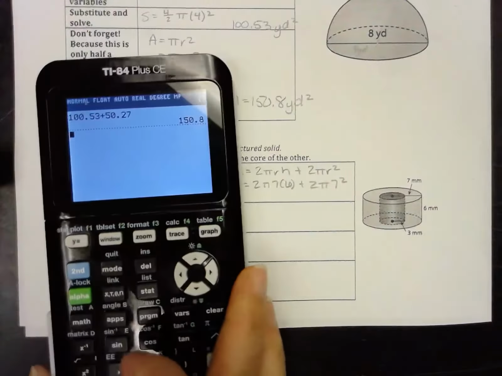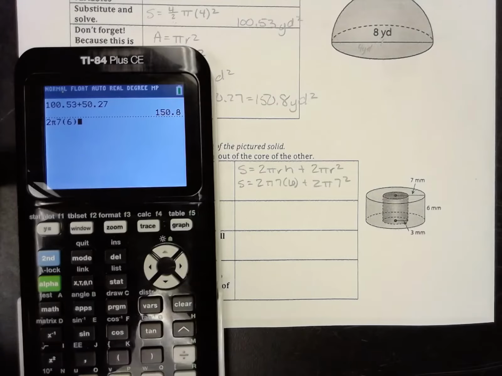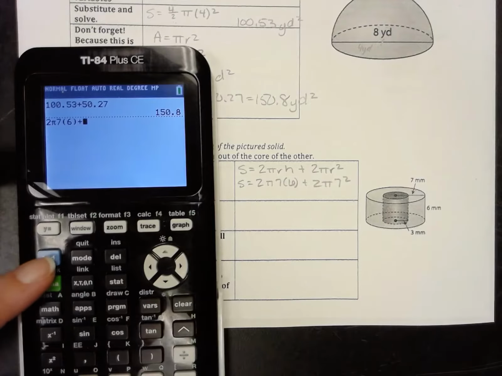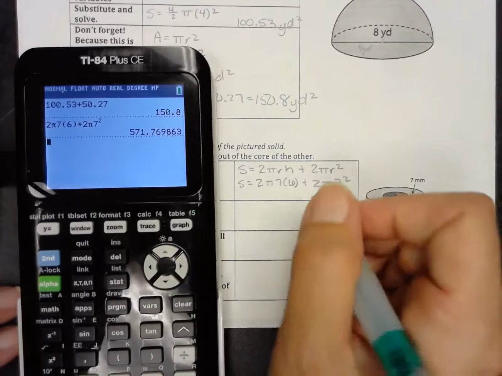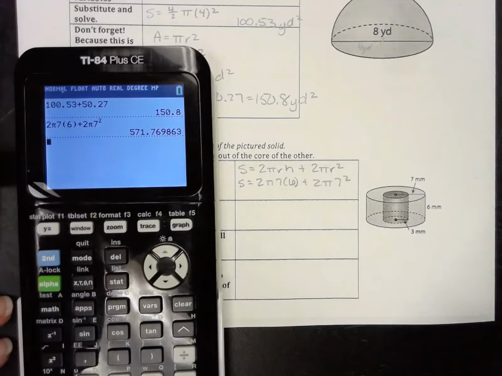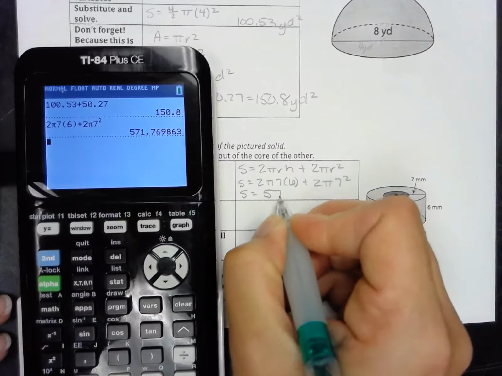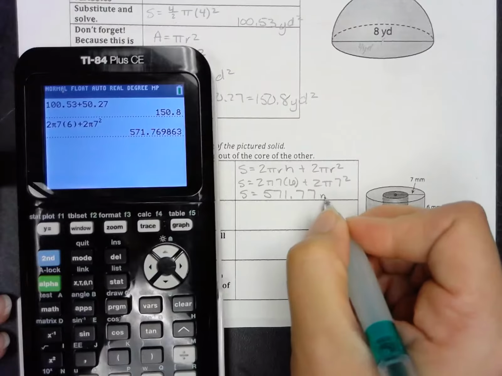And I'm going to put all of that in my calculator. So the surface area of the large cylinder is 571.77, and it's measured in millimeters.